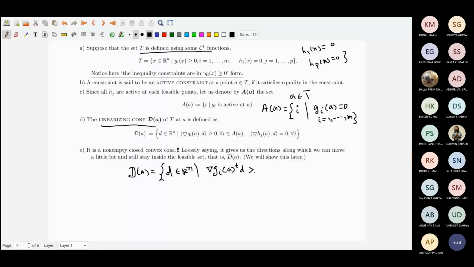And what happens to the equality constraints? Now for all equality constraints, this has to be equal to 0, j running from 1 to p.